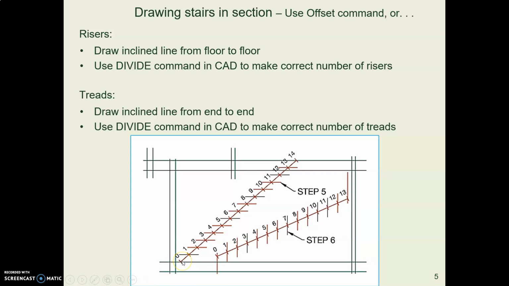If you know where your stairs start and stop, you can draw one diagonal line from there to there, type the word divide in your AutoCAD command line, and it will put a series of point objects along that line at however many divisions you asked for. And then there's a node object snap at each one of those, and you can attach a line to it.